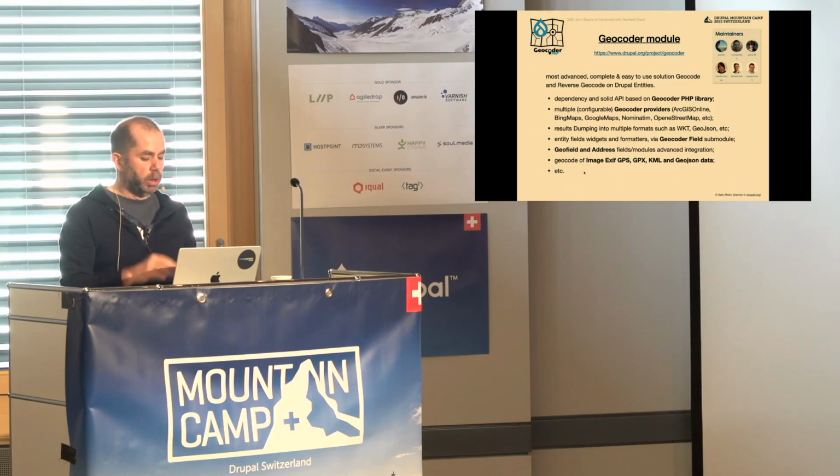And worth to mention that also supports these formats like GPX, automatically geocoding of GPX files, XML, GeoJSON, of course, and also images throughout the EXIF information that can be found into the image.